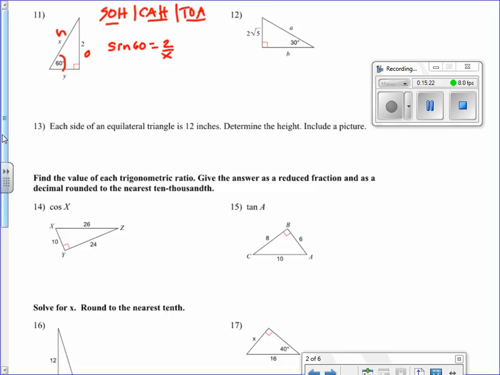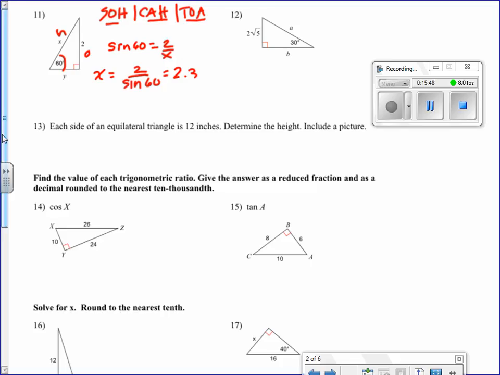Remember, we switch and divide. So x is going to equal 2 divided by sine of 60. Then I pick up my calculator, turn it on, and I go 2 divided by the sine of 60. Close my parentheses, and I got 4 radical 3 over 3, and I'm going to change it to a decimal, and so it's going to be 2.3.